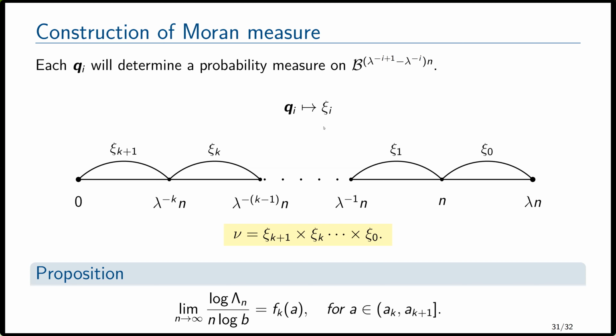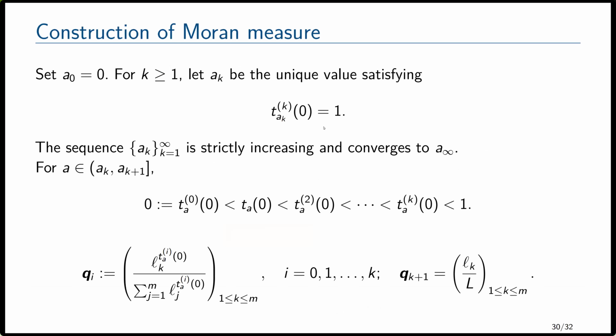So that is why we need such A_K, where A_K should satisfy that T_{A_K} iterated K times is 1, and we need this because we construct such a probability vector.